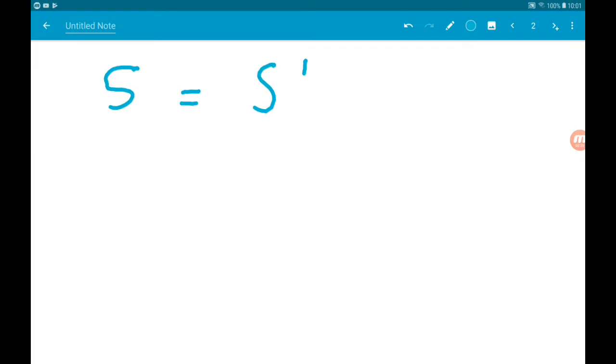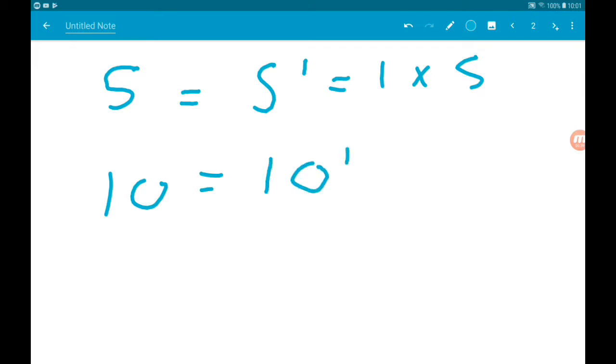Because of course it means 1 times 5 once. 10 is 10 to the power 1. 2 is 2 to the power 1.